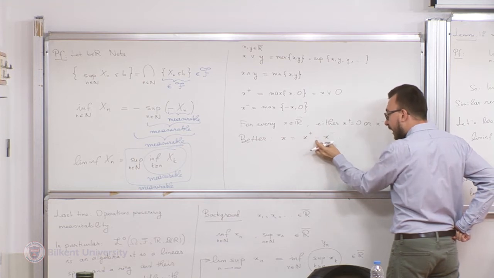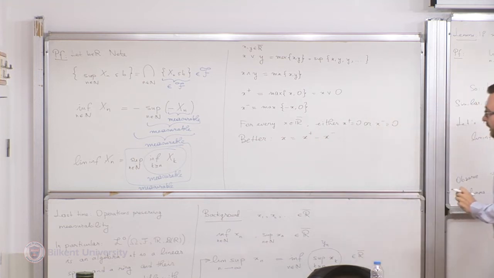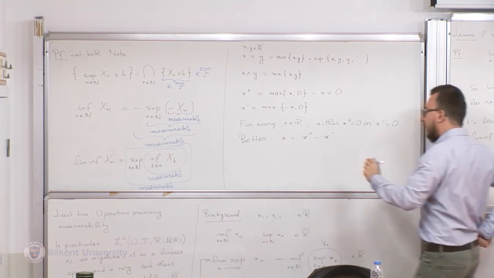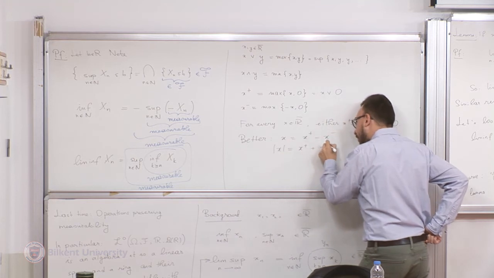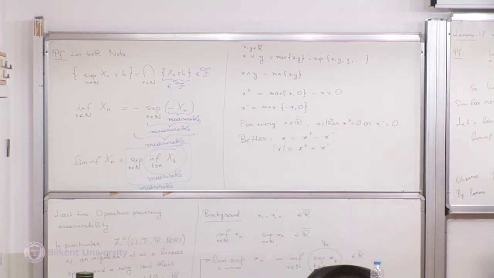Therefore, you have to make it negative by multiplying by minus 1. And further, the absolute value of x is the sum of its positive and negative parts. So this is all very nice, right?